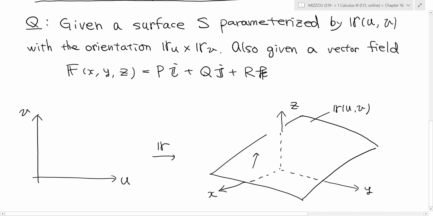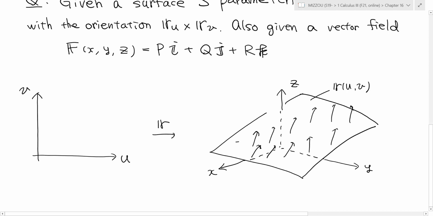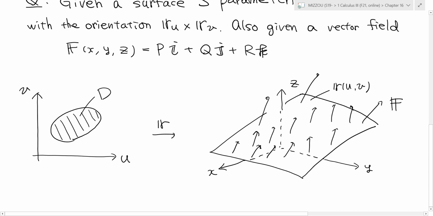So that means a certain amount of flow goes through the surface at each point in the direction represented by the vector field F. So a bunch of those arrows are our F. Now, suppose we look at some finite, bounded region on the uv plane. Let's call it D as usual. Then the corresponding region on the surface is some finite region on the surface, and let's call this S.